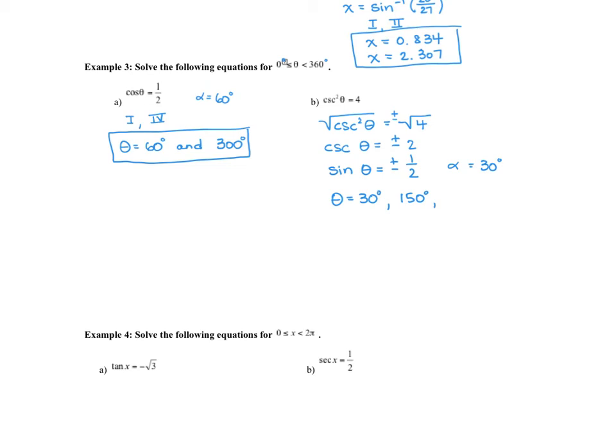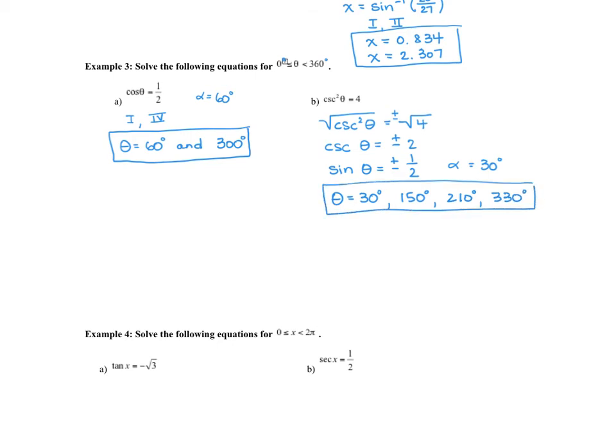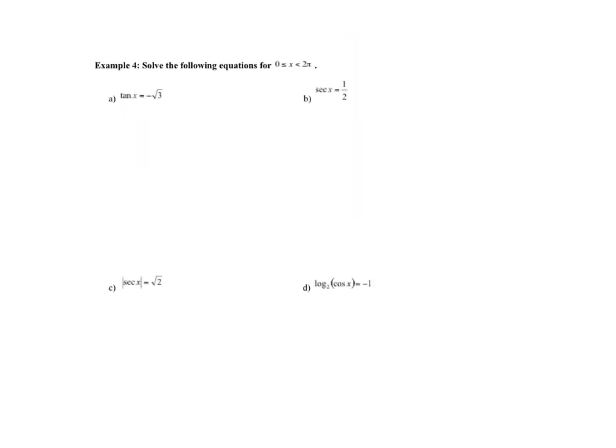In the third quadrant, adding alpha to 180, I have 210 degrees. And in the fourth quadrant, subtracting 30 from 360, I have 330 degrees. Hopefully you're getting the hang of it at this point.